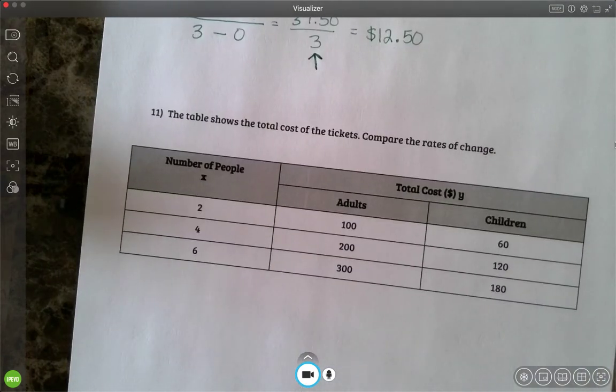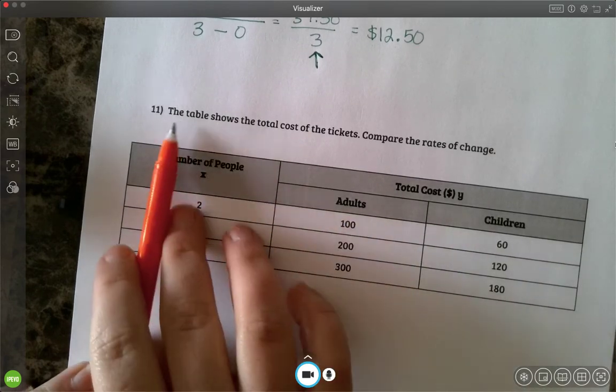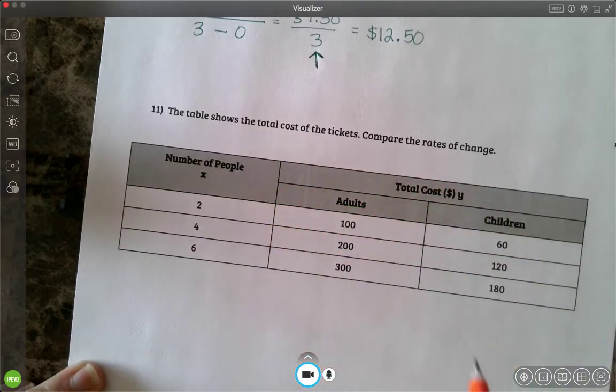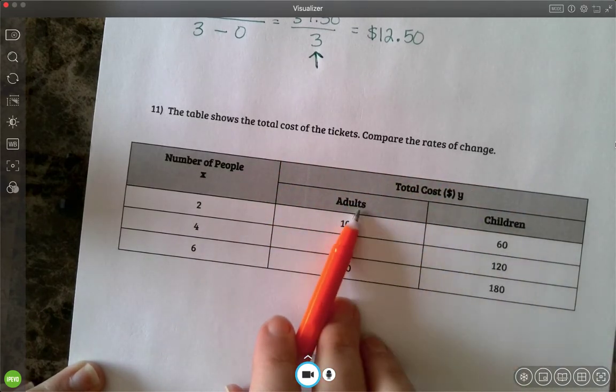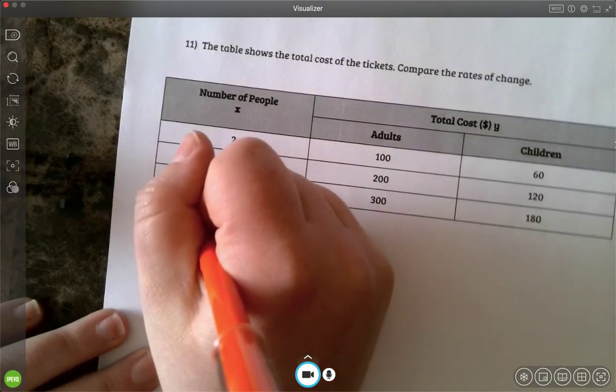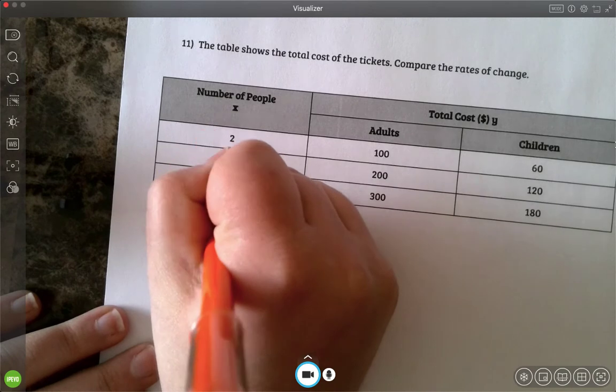Now let's look at the bottom. This is that table that looks a little more complicated, but it's the same idea as what we just did. The table shows the total cost of tickets. Compare the rates of change. So we want to compare adults and children with each other. I'm going to start with the adults, okay?